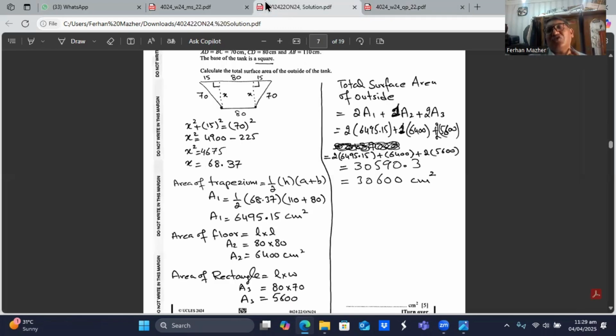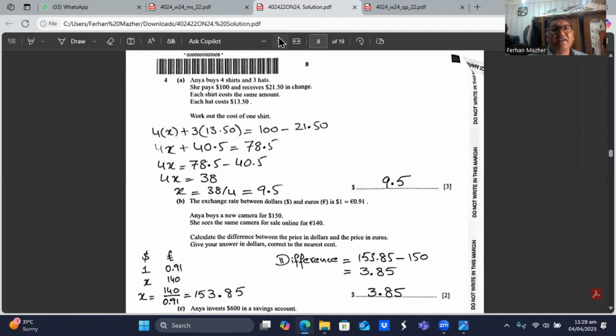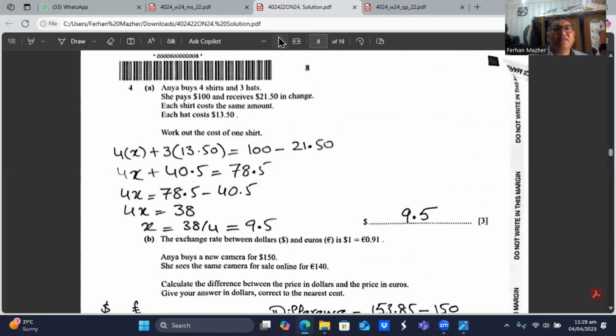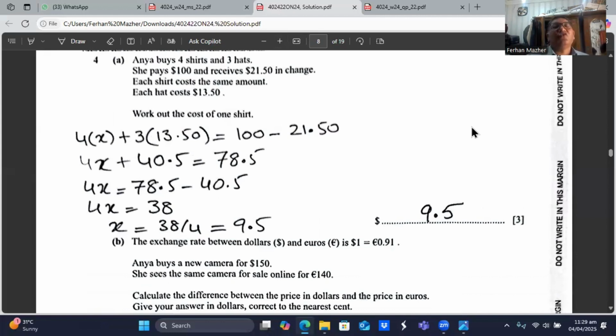Suppose the cost of one shirt is x, and we have 4 shirts and 3 hats. So 4x plus 3 times 13.50 will be equal to 100 minus 21.50. So 4x plus 40.5 is equal to 78.50. So 4x will be equal to 78.5 minus 40.5. 4x will be equal to 38.